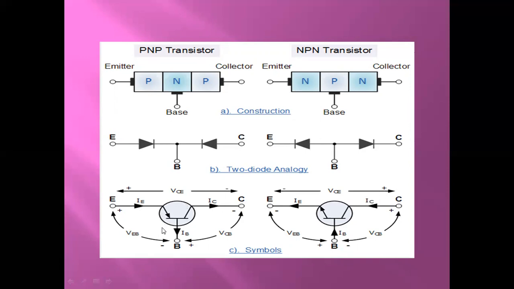Hence the voltage developed between the emitter base junction is V_EB, and the current flows from emitter to base, and from base to collector. Similarly there is voltage between base and collector, and simultaneously between emitter and collector, V_EC, as for the NPN transistor.